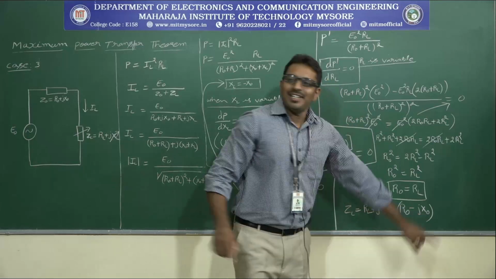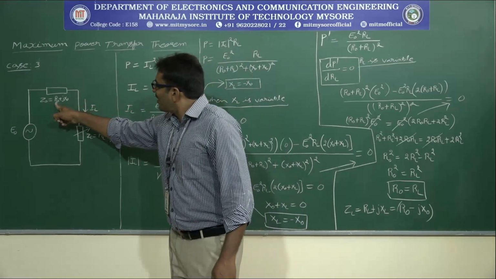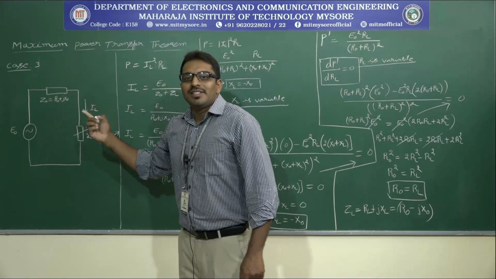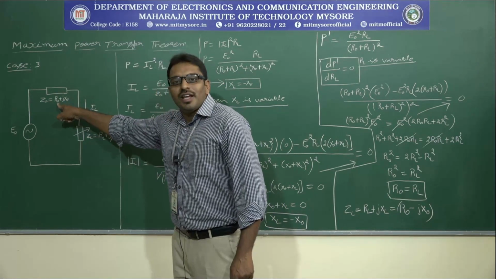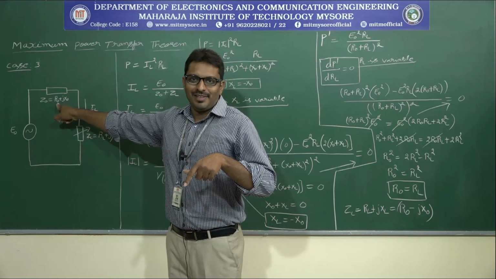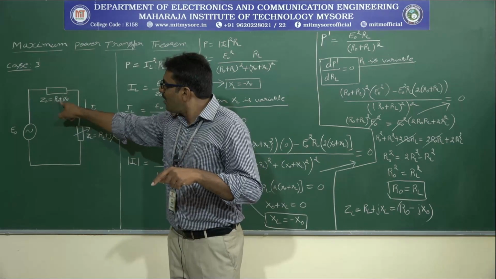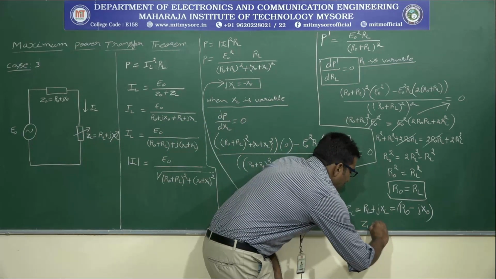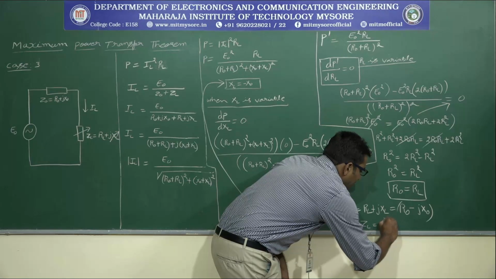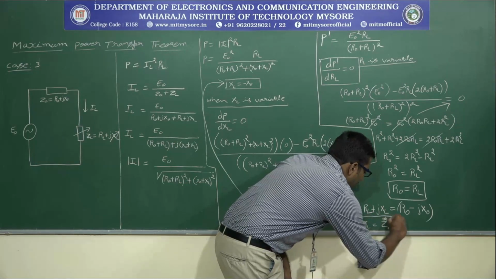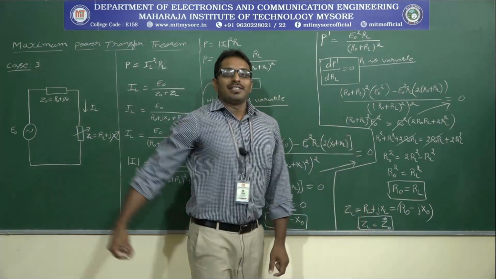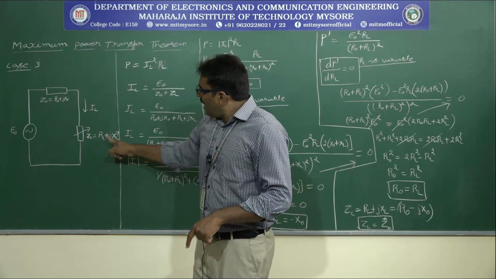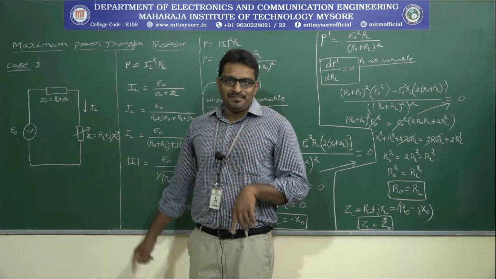So R naught minus j X naught, where Z naught is R naught plus j X naught, is the complex conjugate of Z naught. Therefore, when ZL is equal to the complex conjugate of Z naught, we can transfer maximum power from source to load when both RL and XL are variable.